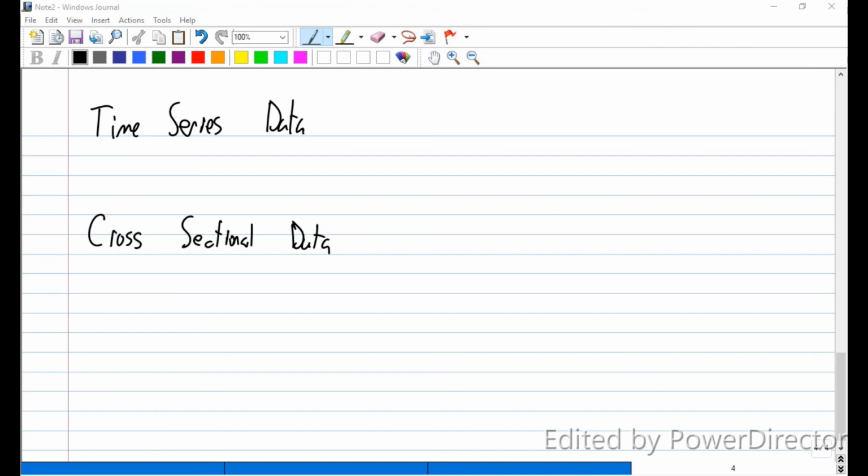So time series data, your book says, originates as measurements usually taken from some process over equally spaced intervals of time.